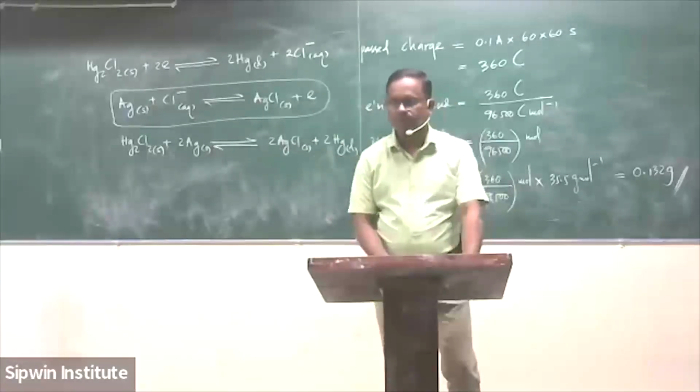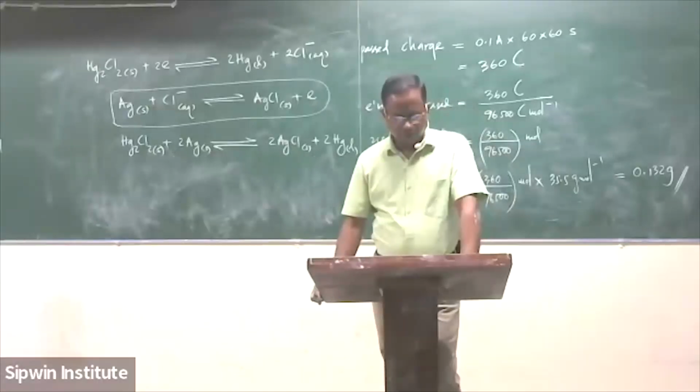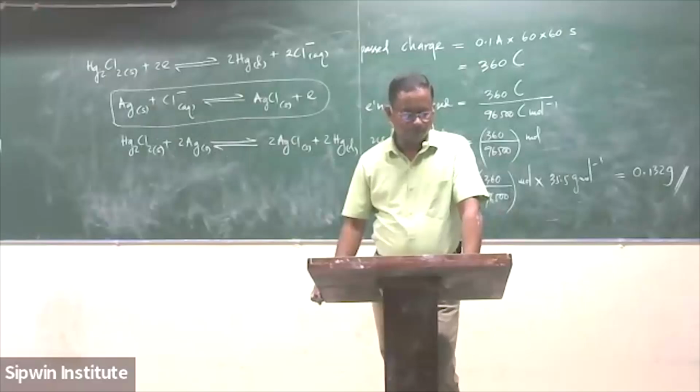Chloride concentration does not change. Since it asks for the value, it is better to write it: earlier it was 1 mole per cubic decimeter, so write 1 mole per cubic decimeter.